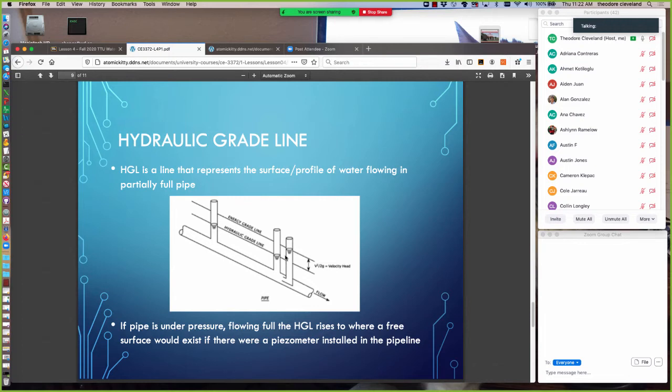Hydraulic grade lines are important in distribution system design to some extent. The energy grade line is more important, and they're both very important in drainage system design. Because if this picture right here were, for example, representing a sewer system, we'd have a problem because we're operating it under pressure, but let's ignore that for a moment.